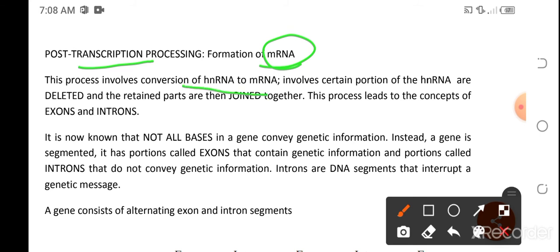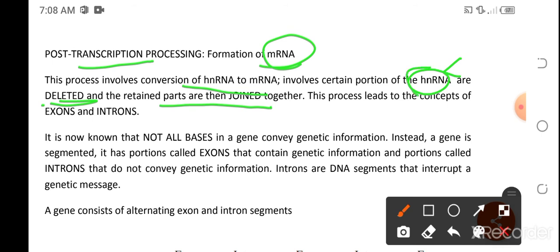So this is the conversion of hnRNA to mRNA. Bakit kailangan i-convert? Kasi the portion of RNA has parts na they don't convey genetic information. Okay, so some parts of this hnRNA are deleted and those that are retained are joined together.